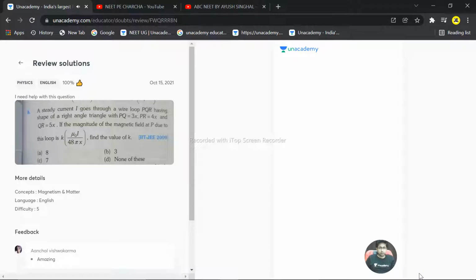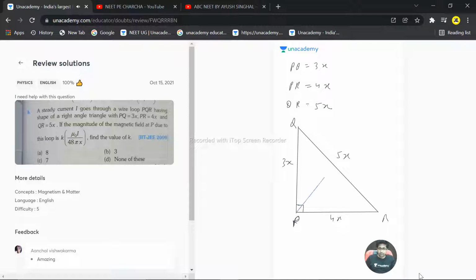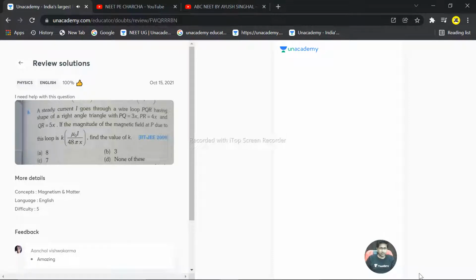First of all, I'll draw a line here like this, which is perpendicular to QR, and I'm calling this point D. This definitely divides the triangle into two parts. Now I'll use the concept of the area of a triangle.